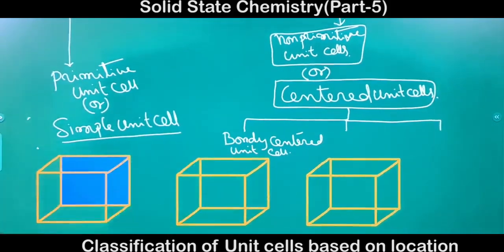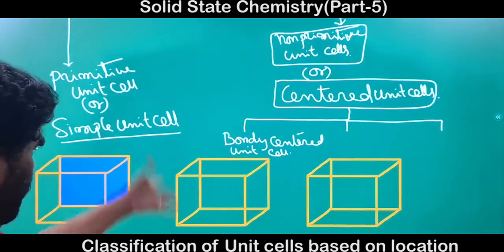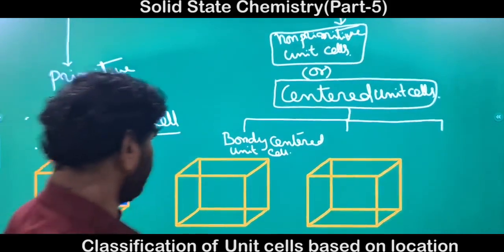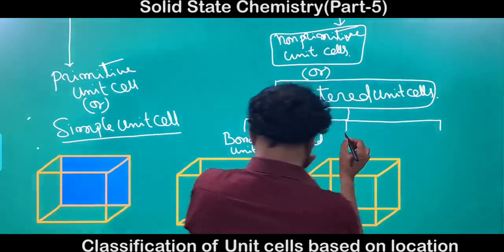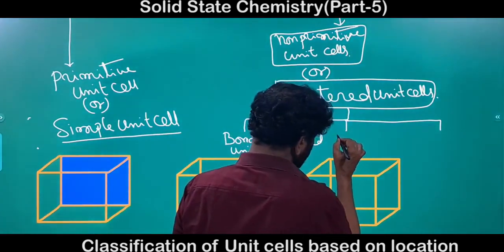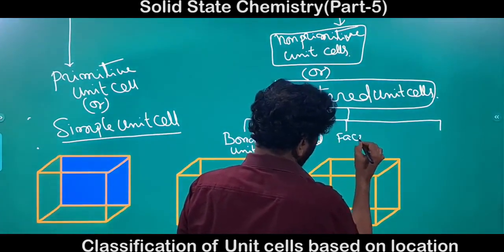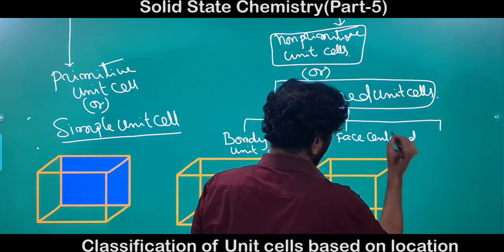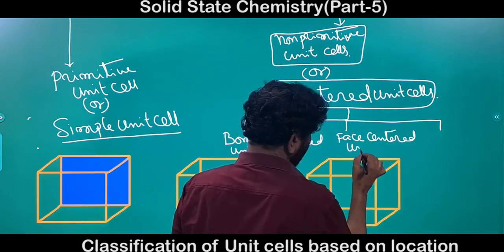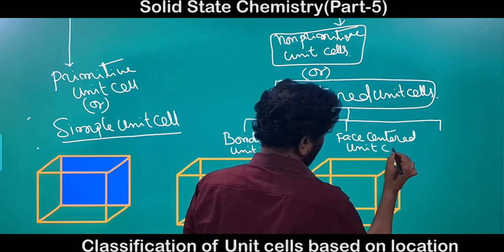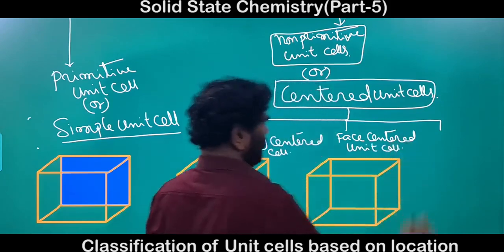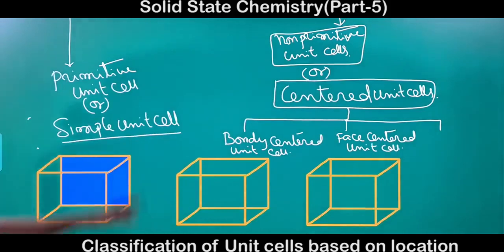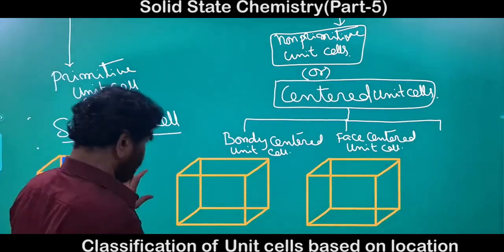A lattice point is present at the center of the unit cell, the body center of the unit cell. This is called the face centered unit cell. Body centered, face centered.